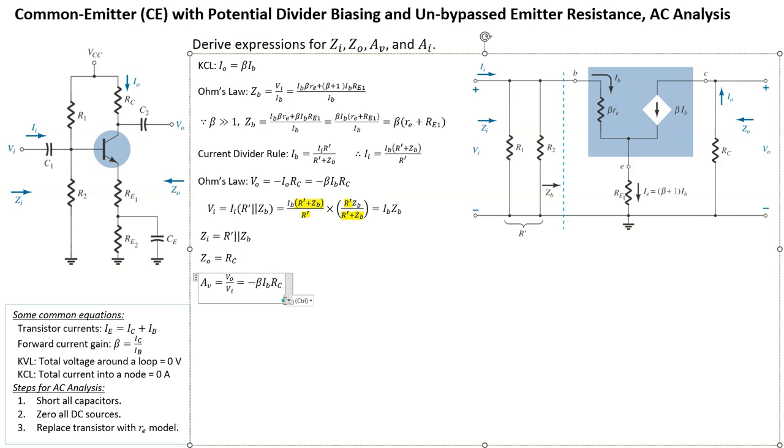And all of that is divided by VI, and we have an expression for VI, which is IB ZB.